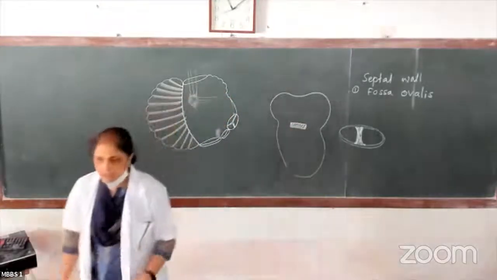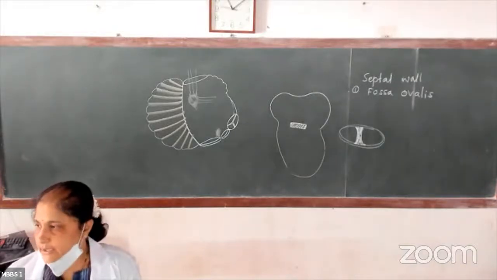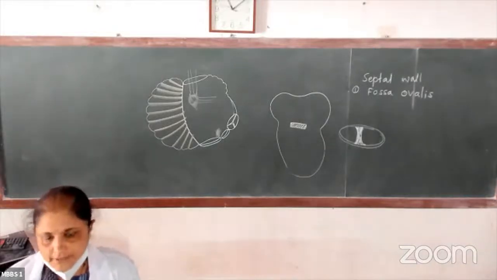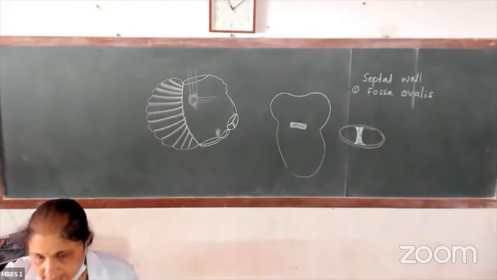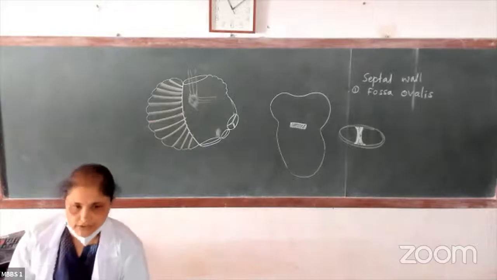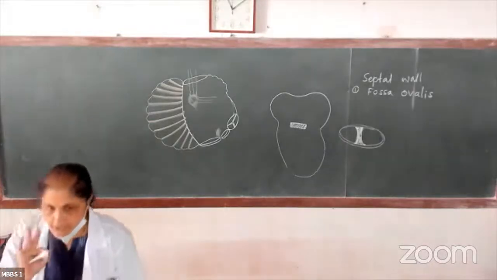The atrioventricular endocardial cushion separates the atrial chambers from the ventricular chambers. Are you getting this?